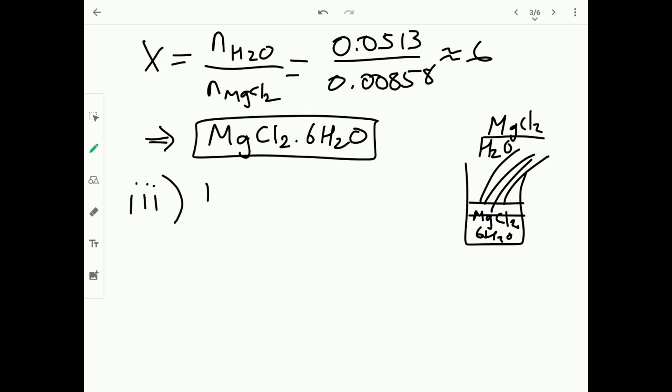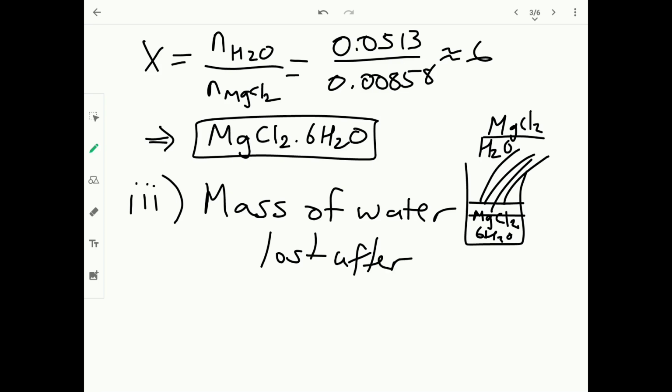So the calculated mass of water lost after evaporation, or after being driven off, will be too large.